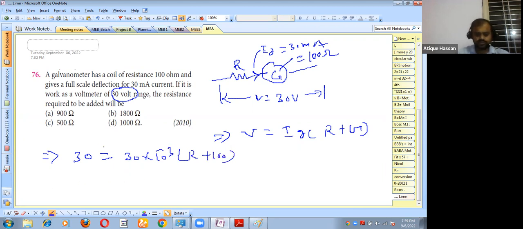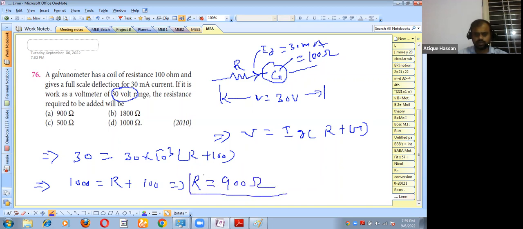So from here we can calculate 1000 equal to R plus 100. So from here we will get R equal to 900 ohm. Have you understood it? So this is how we should calculate.